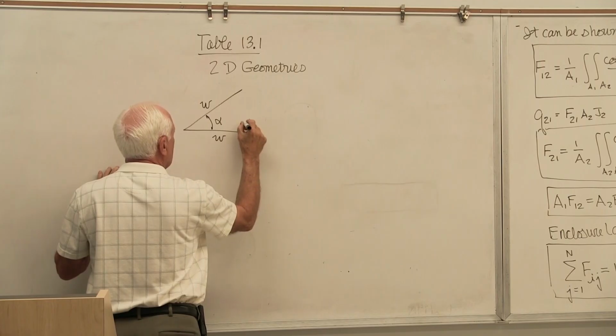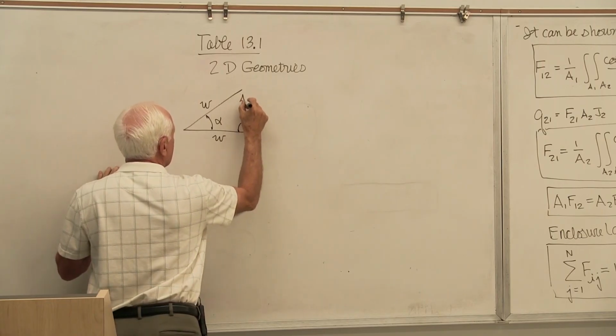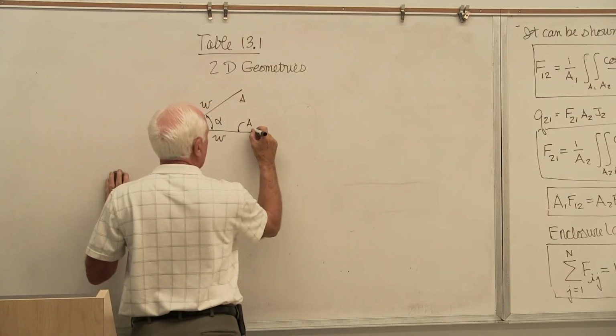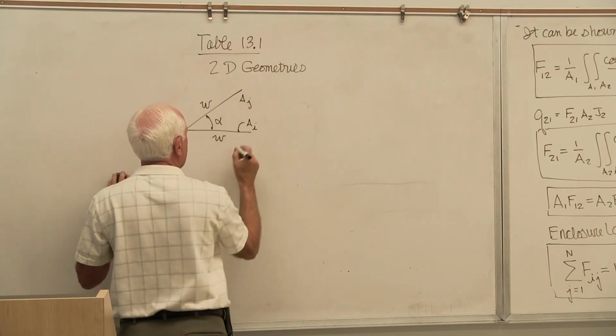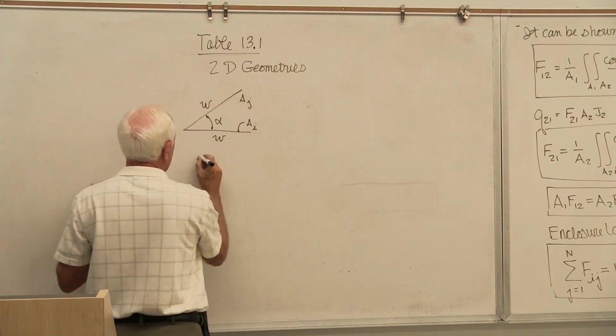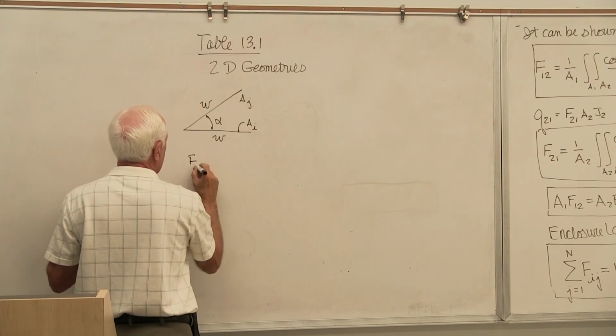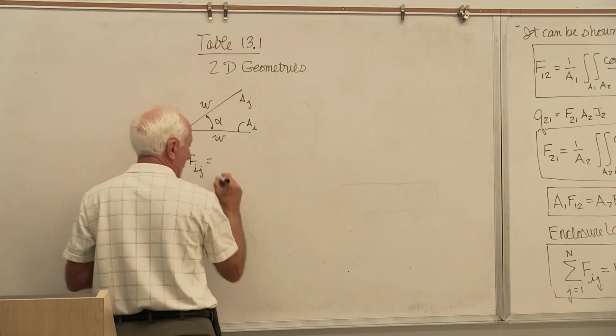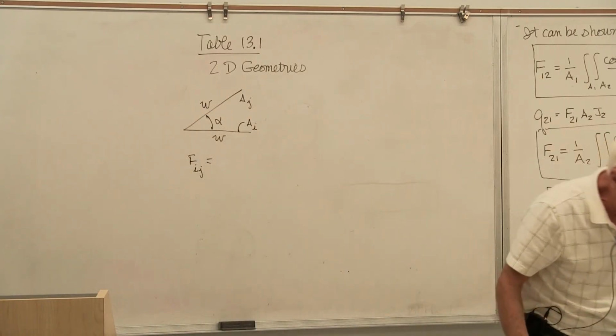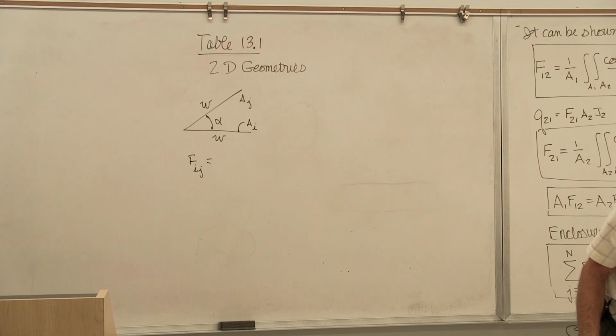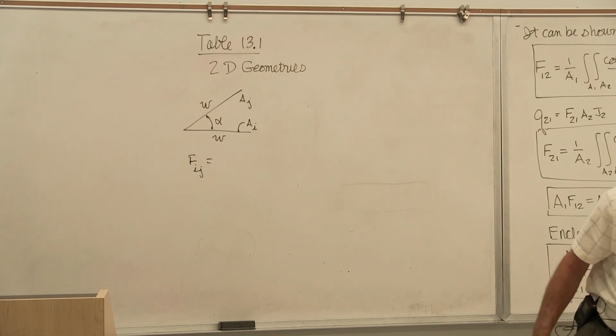This is A1, and this is, I think he calls it, AI, AJ. And then in the table, he says that Fij is 1 minus sine alpha over 2.